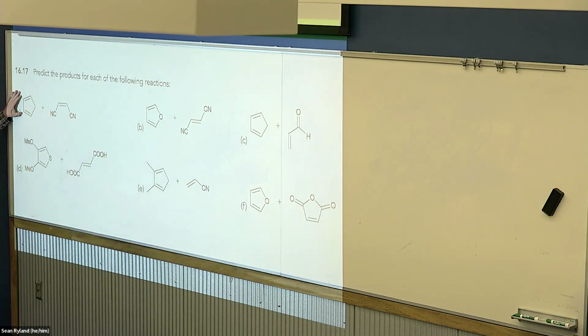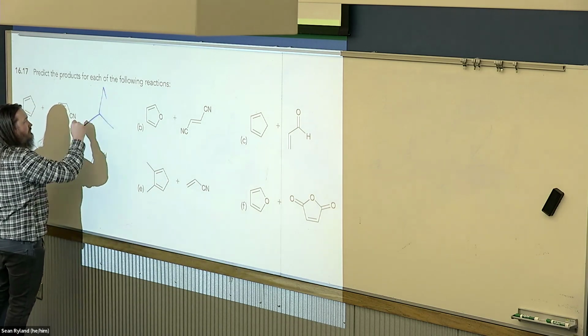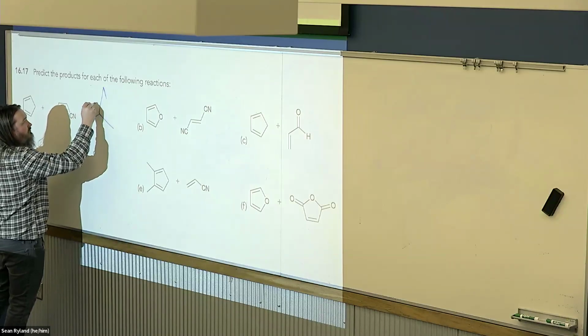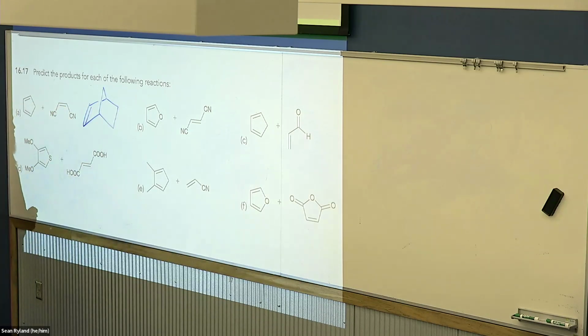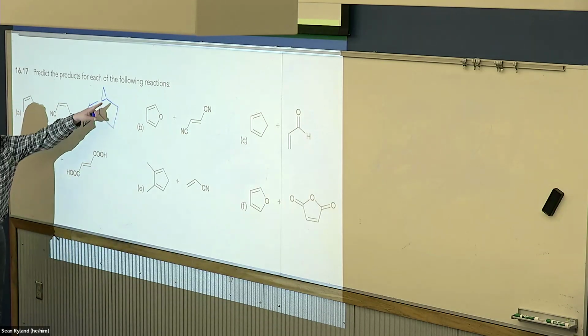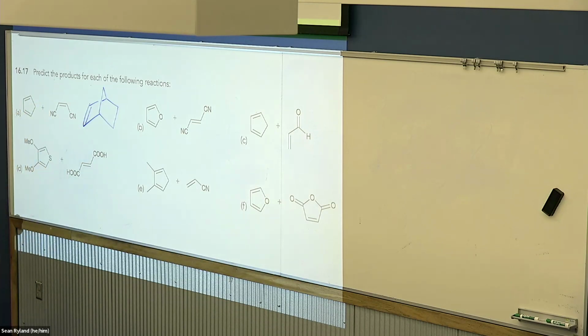And so our endo product in this case. So start by drawing your bicyclic structure. Again, there's our cyclohexyl group that we just made with our alkene bond that's still left over.